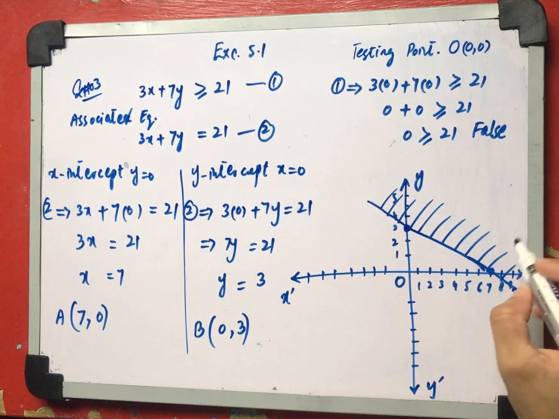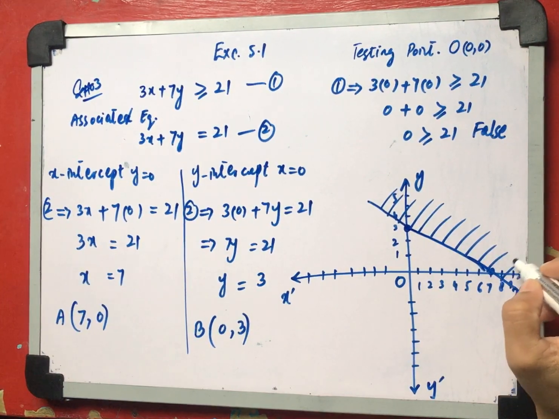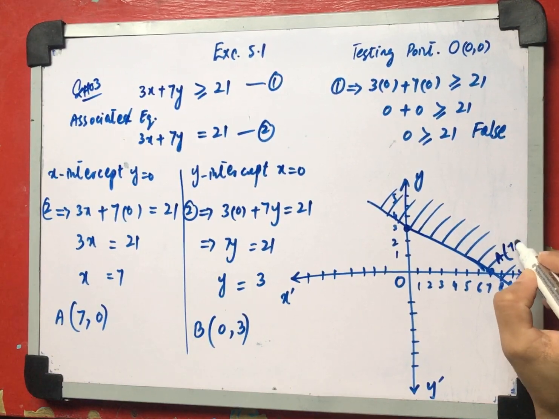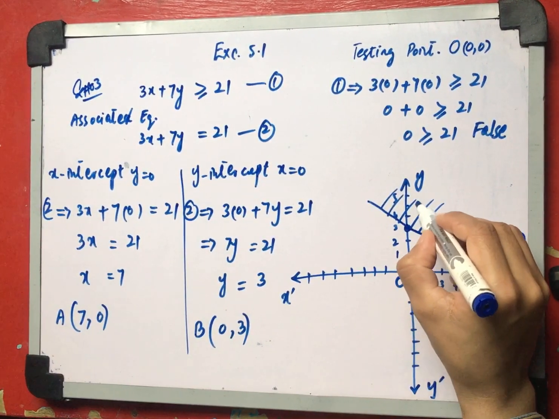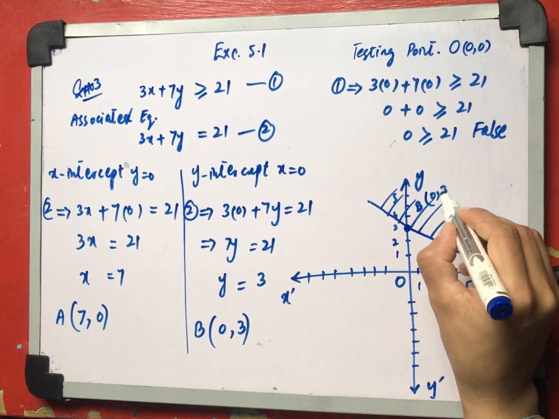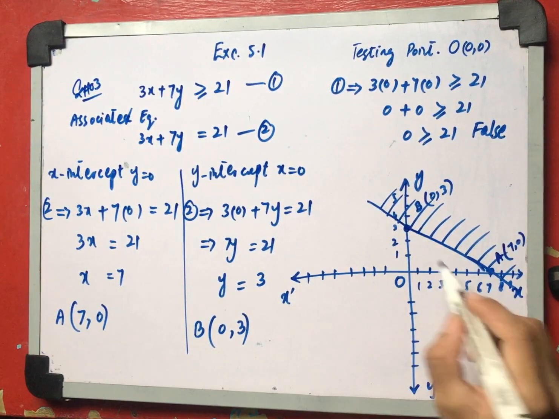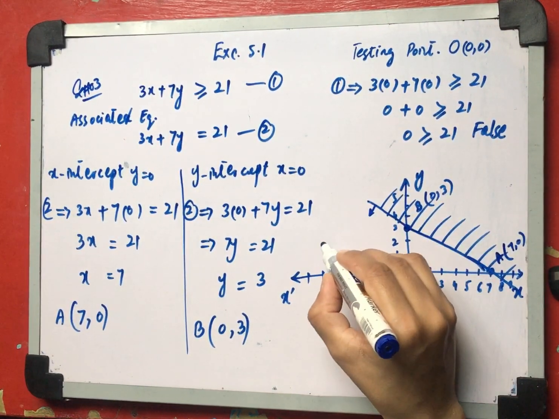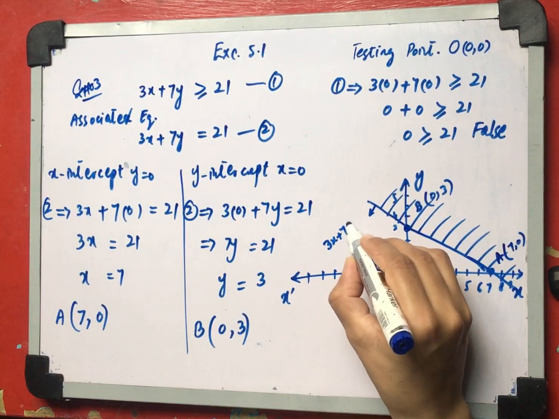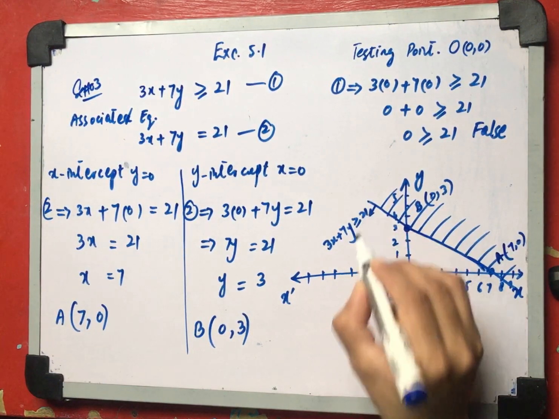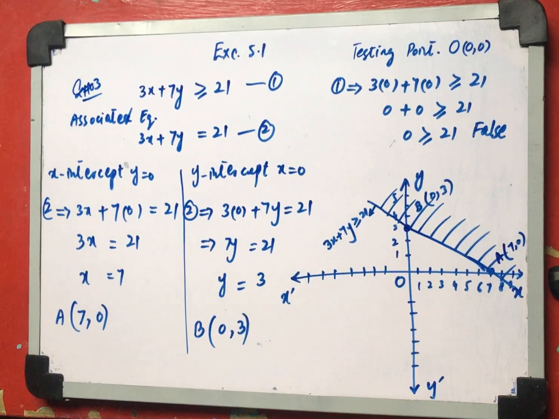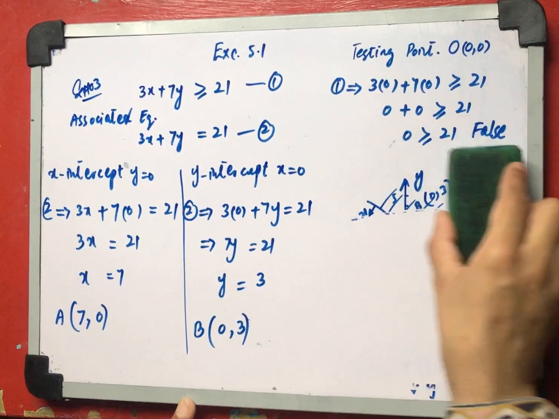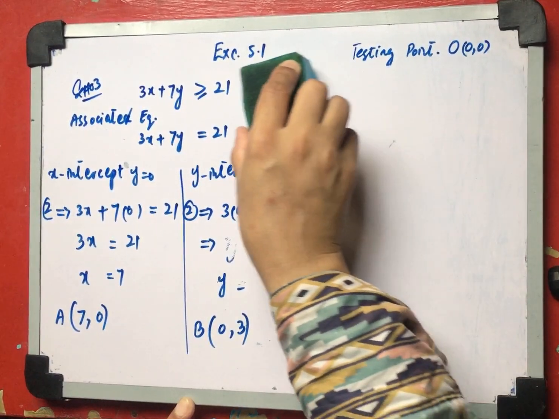So this is our point B. Let point A represent (7, 0), and this is point B, that is (0, 3), and this line is for the given inequality 3x + 7y ≥ 21. Okay, now we will move towards the next question.